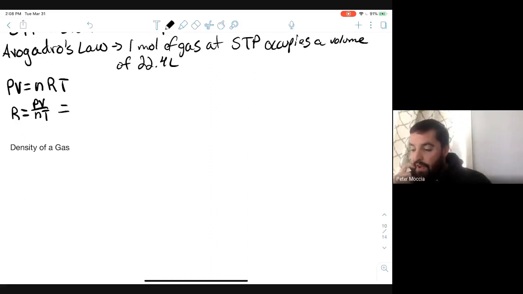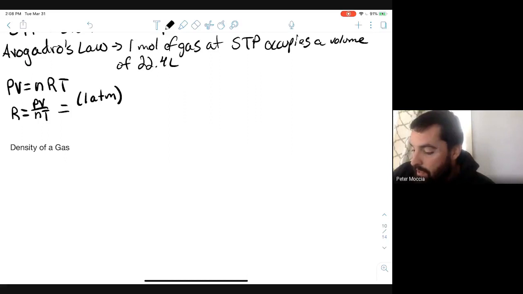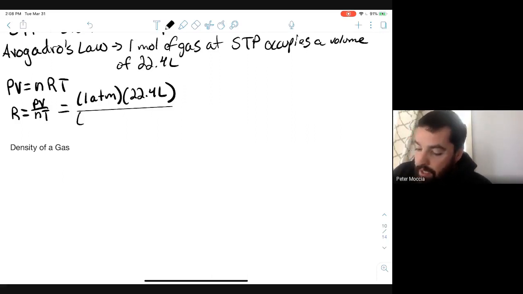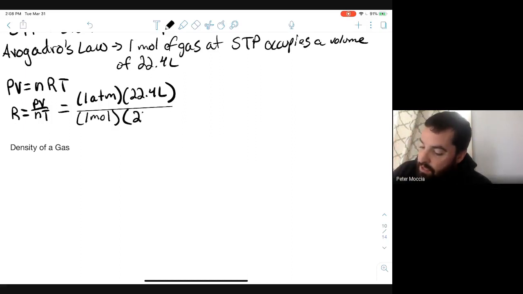If I plug all those in at standard temperature and pressure, the pressure is 1 atmosphere. It says that the volume is 22.4 liters. And then the moles of gas, it says 1 mole of gas at STP. At STP, we have 273 kelvins.